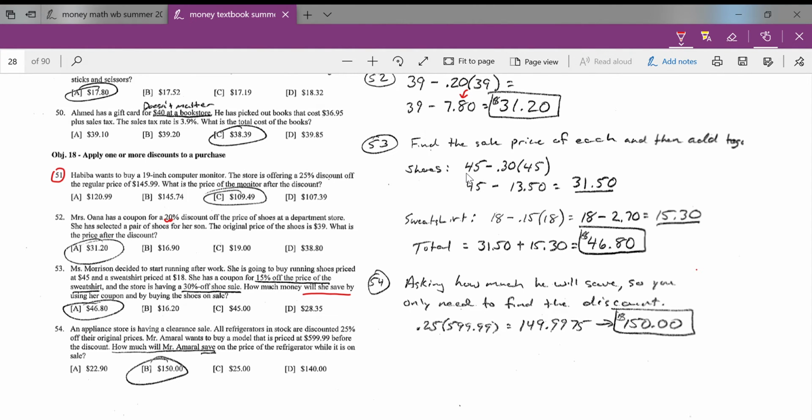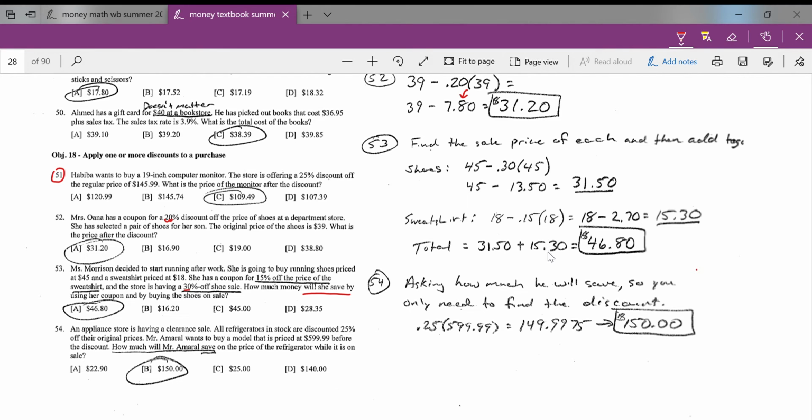The shoes are $45 and they have a 30% off sale. So 0.3 for 30% times 45. That gives you this. The discount is $13.50 on the shoes. Well, 45 minus that, the shoes are going to cost $31.50. The sweatshirt is a 15% off coupon, so 0.15 times the price of the sweatshirt, 18.